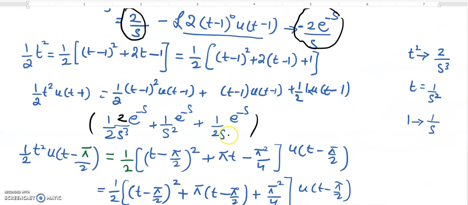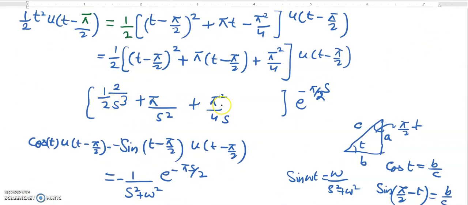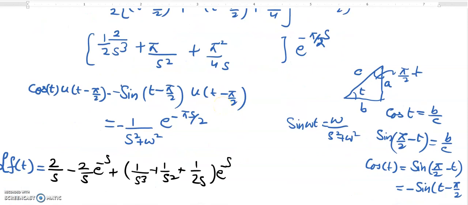And the next term was this one here. So plus, 2 cancels with 2, so it will be 1 over s cube plus pi over s square plus pi square over 8s.